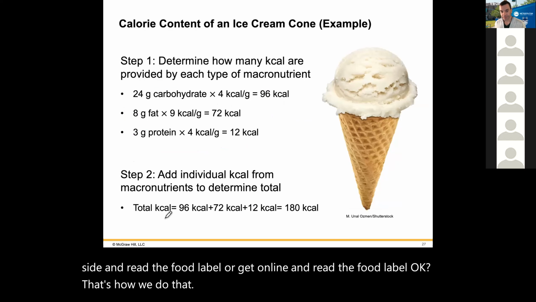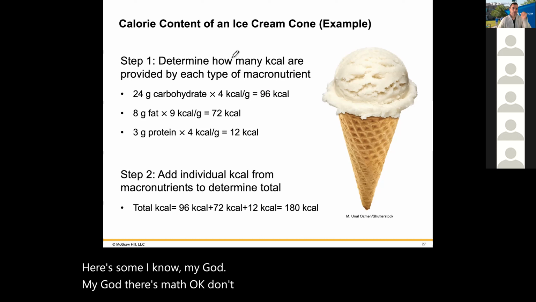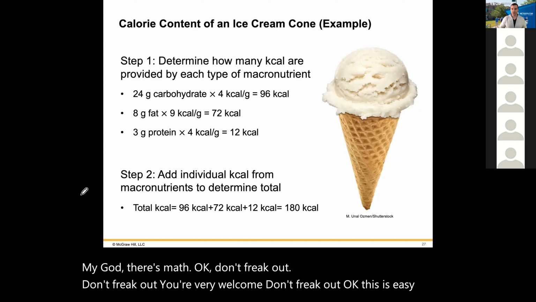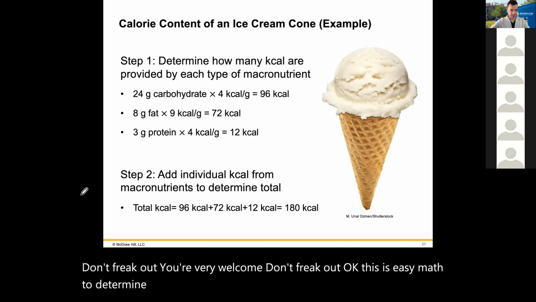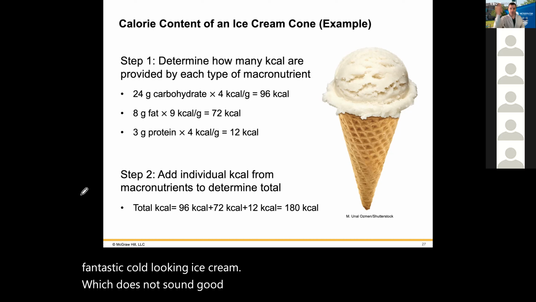All right. Here's some math. I know, my God, there's math. Okay, don't freak out. You're very welcome. Don't freak out. This is easy math. To determine how many kilocalories are in this lovely, fantastic, cold looking ice cream, which does not sound good today, we just break it down. 24 grams of carbohydrates within this whole thing here.